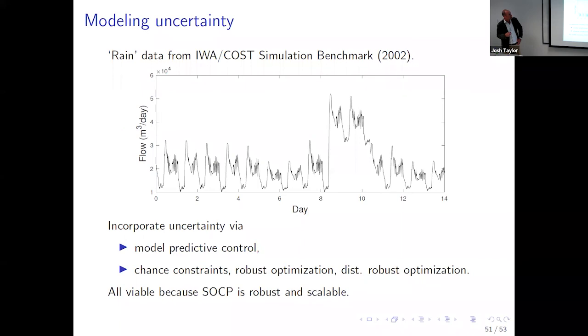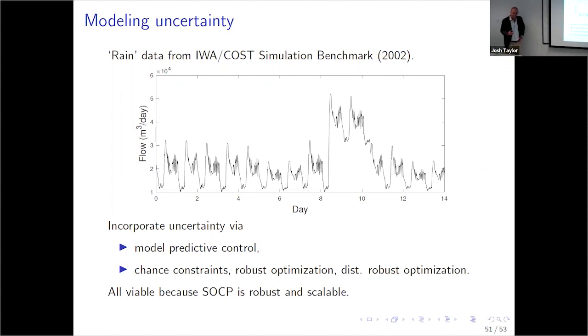So Shuyao, who I mentioned before, is the one carrying this work forward in her PhD. There's lots of uncertainty in wastewater. You can imagine you're trying to predict the weather. You're trying to predict what people are flushing down their toilet, and what's coming out of factories. So fundamentally, it makes sense to deal with uncertainty. And we're just looking at some basic chance constraint stuff.